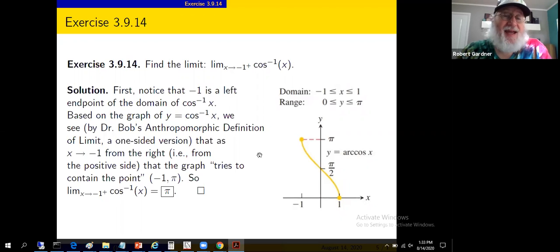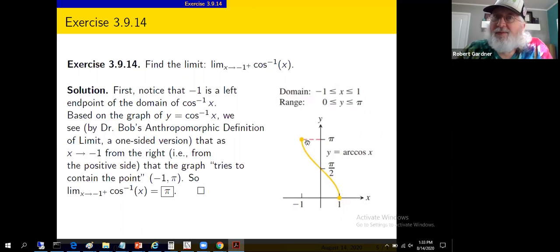Let me say contain instead of passes through because it's a one-sided limit. Passes through seems to indicate both sides, and we're looking at a one-sided limit. So the curve tries to contain this point. Does it or doesn't it? Well, it's been a while since we've played this game. It's a limit question, so it doesn't matter.